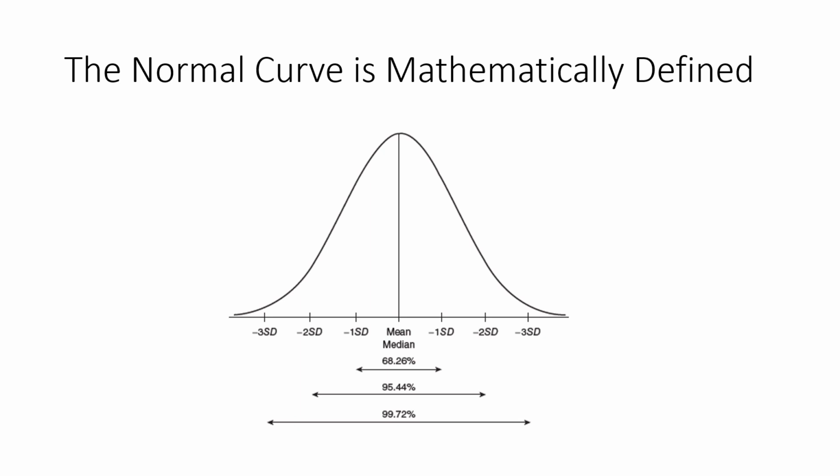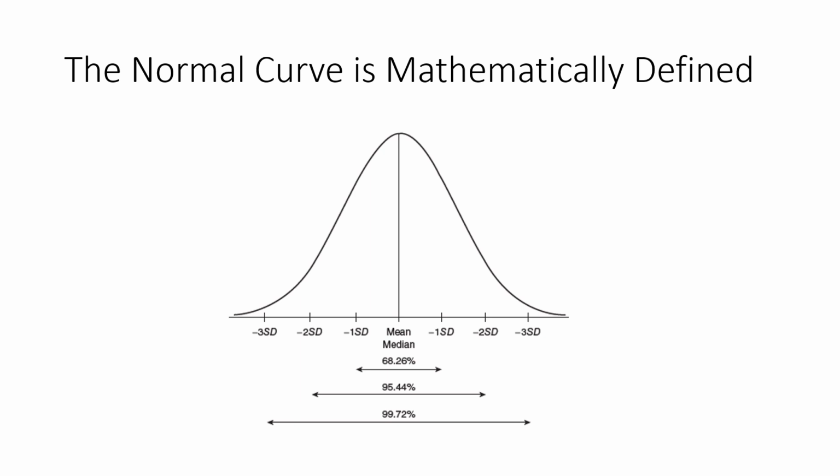So what you see in front of you is a normal distribution. Again, this is a hypothetical distribution. There's no distribution that perfectly corresponds to this type of geography, but it is a generally accepted normal distribution that we use in order to enable generalization from a sample to a population.